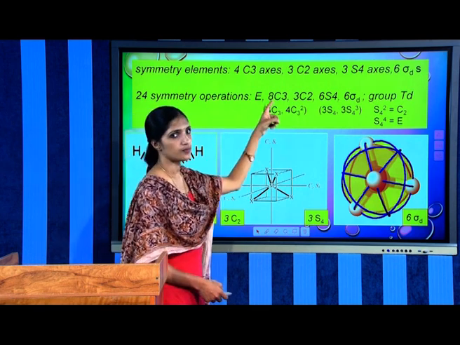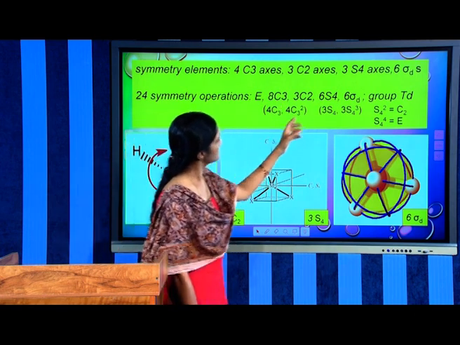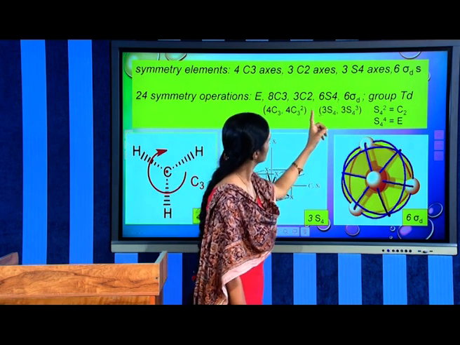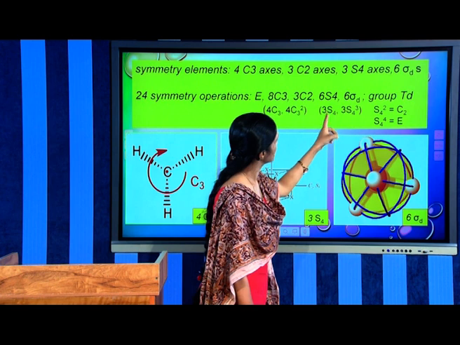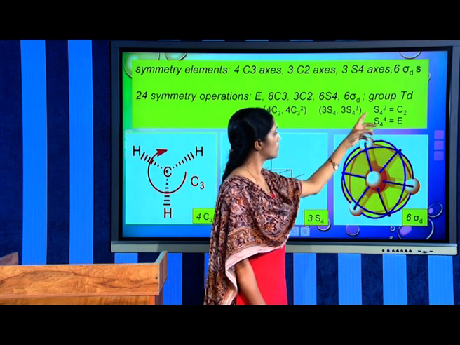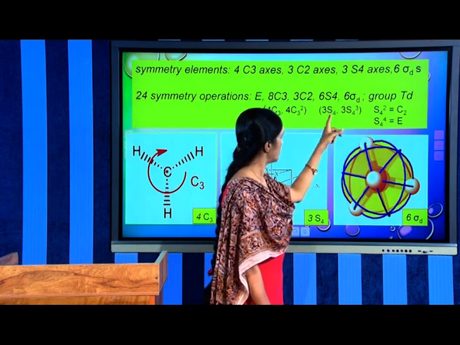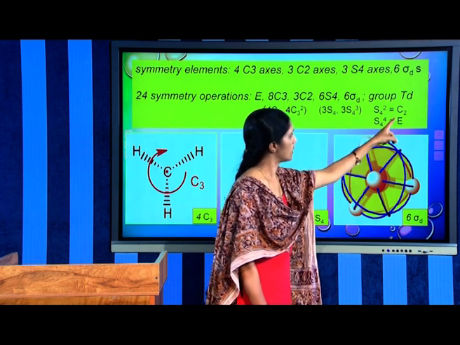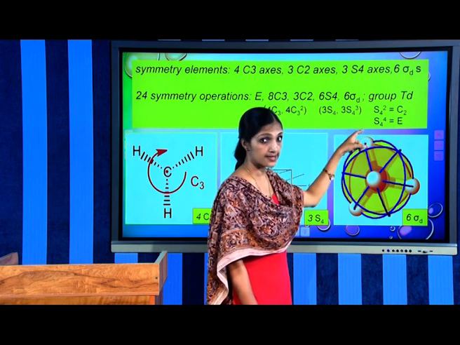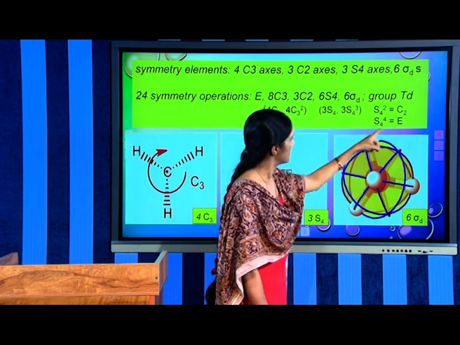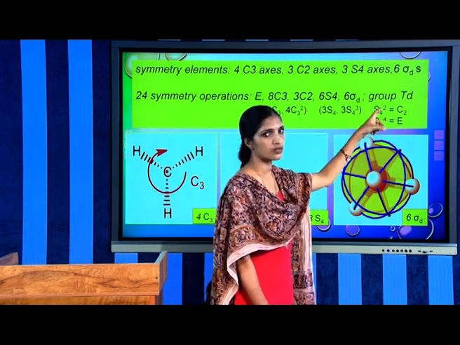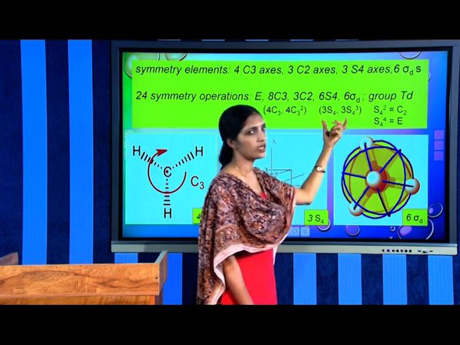So, altogether there should be 8 C3s, and as in the case of the 3 S4, the S4 can be split into S4 and S4 thrice. Then two more operations are possible here. S4 twice is equal to C2, so we are not mentioning that. Then S4 thrice is a distinct operation, we have to mention that. Then S4 four times is again equal to E. So, these two operations we are not mentioning, but these two have to be mentioned.